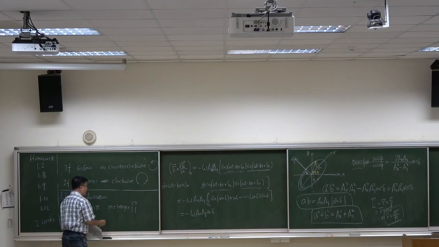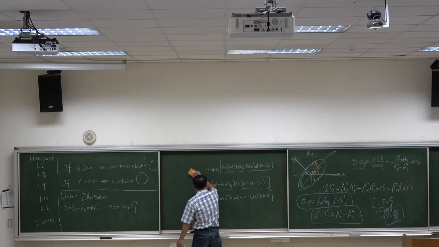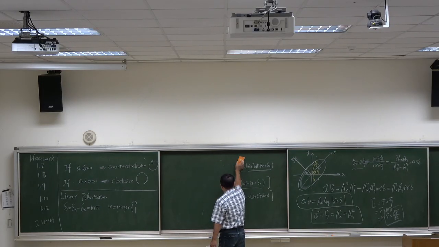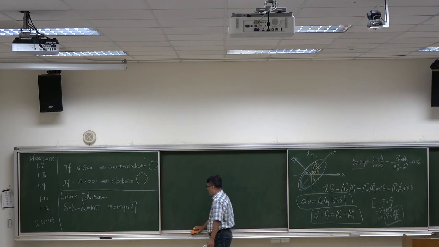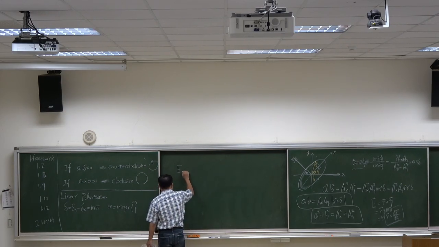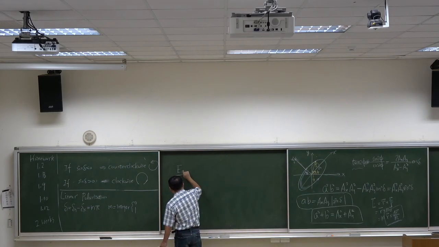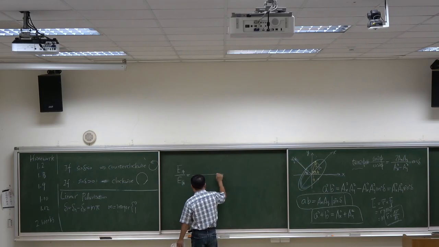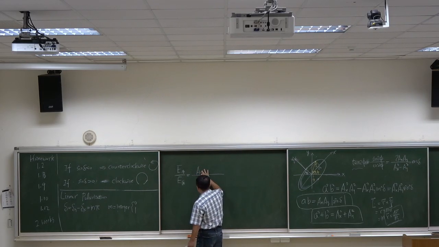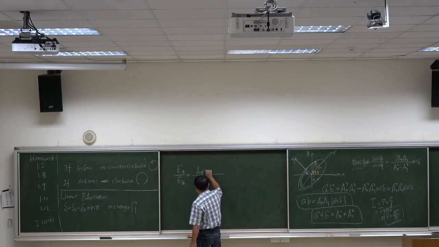So in this case, if we try to calculate the ratio between EX and EY, EY over EX, then you see that we have AY cosine alpha plus delta over AX cosine alpha.